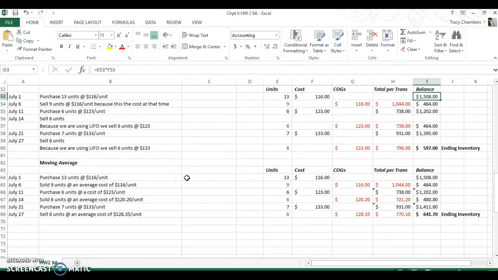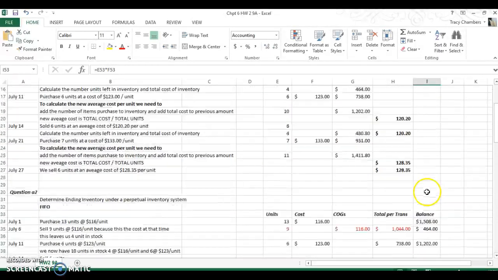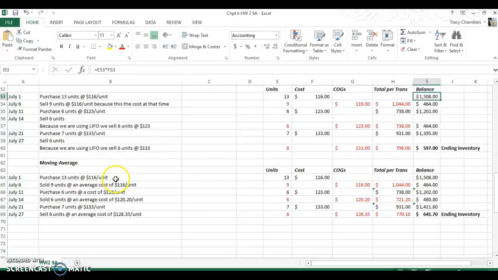For our moving average, I just used the information that I calculated up here for average cost. I did the same thing with the purchases per unit. At the cost, I added and subtracted from my balance here, giving me an ending inventory of $641.70.